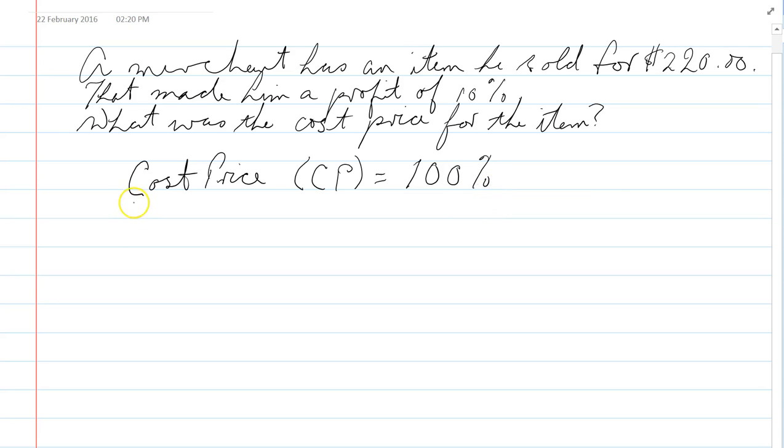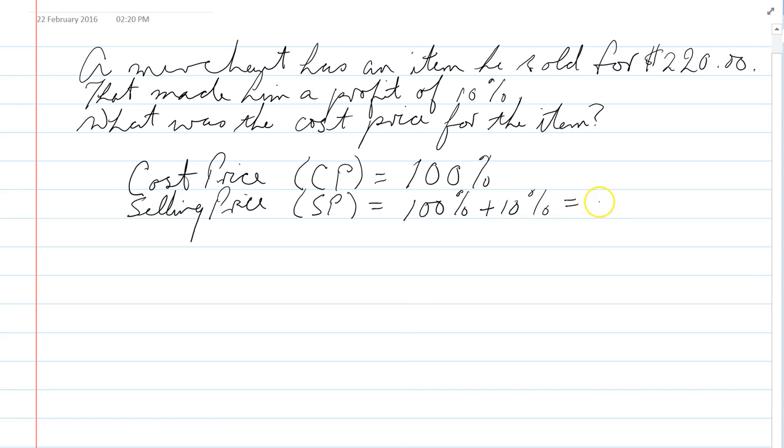Now the selling price, which we could call SP, would be equal to 10% plus the 100%. So it would be 100% plus 10%, which would be equal to 110%.